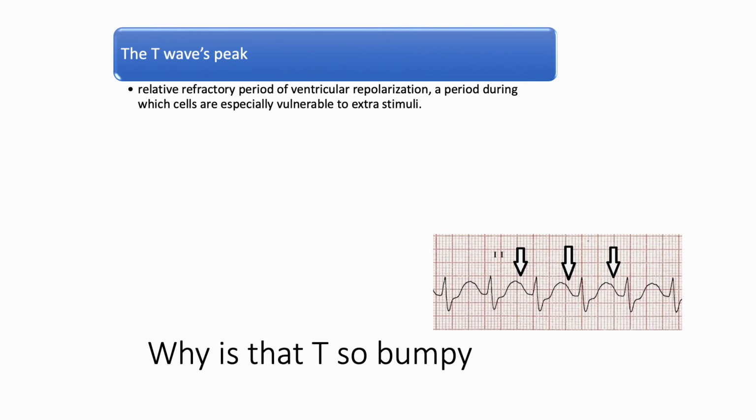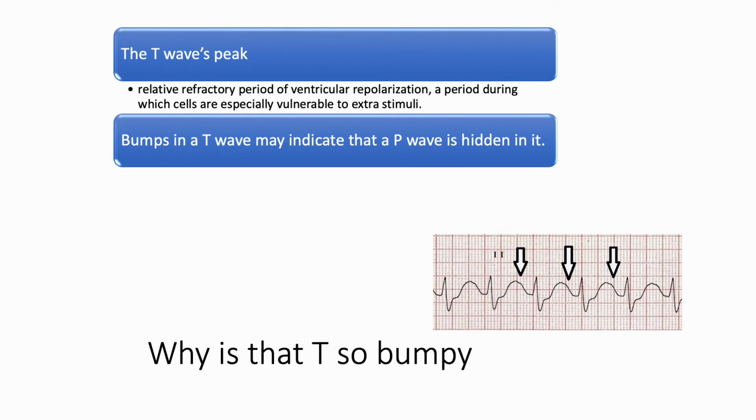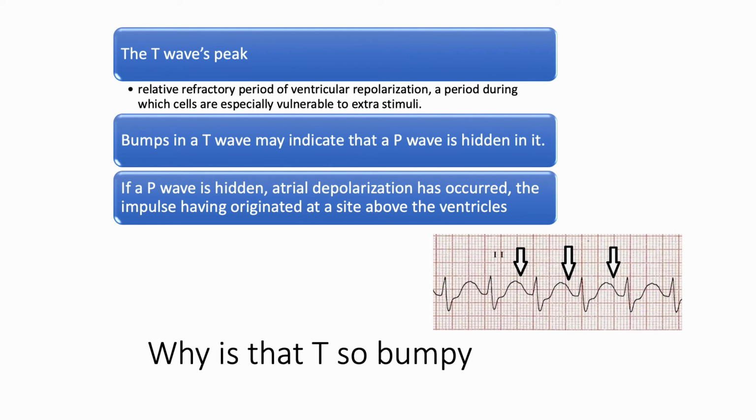A T wave peak, or you can say a tall T wave, may occur in acute myocardial infarction. The bumps in a T wave may indicate the P wave is hidden in it. If the P wave is hidden, then atrial depolarization has occurred, the impulse having originated at a site above the ventricles.